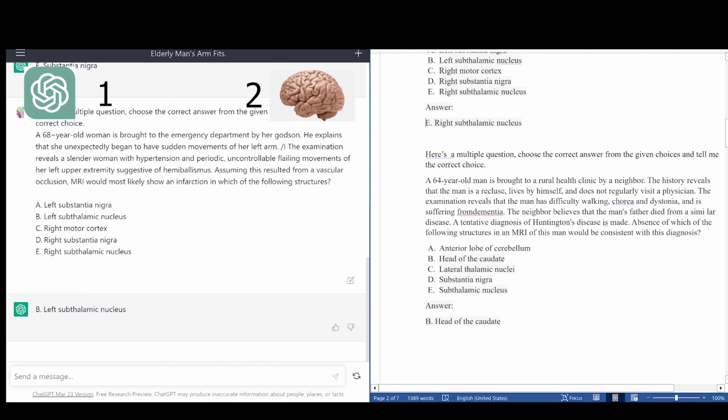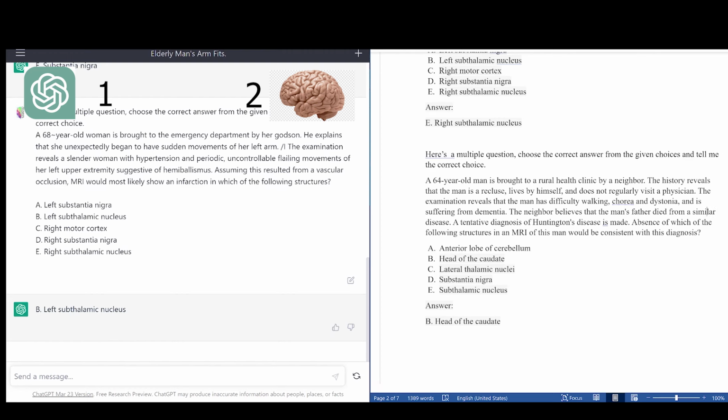Question number 4. A 64-year-old man is brought to the rural health clinic by a neighbor. The history reveals that the man is a recluse, lives by himself, and does not regularly visit a physician. The examination reveals that the man has difficulty walking, chorea and dystonia, and is suffering from dementia. The neighbor believes that the man's father died from a similar disease.